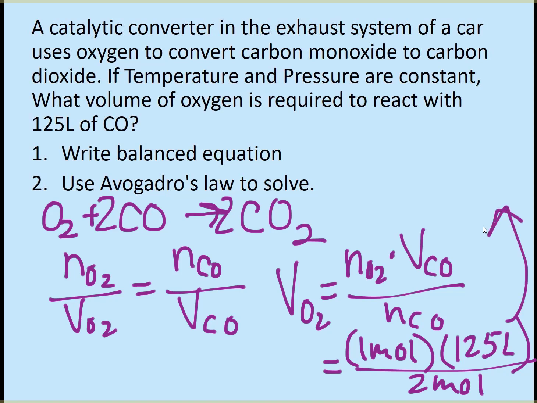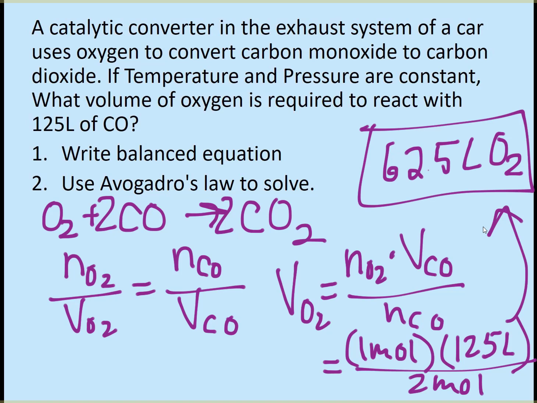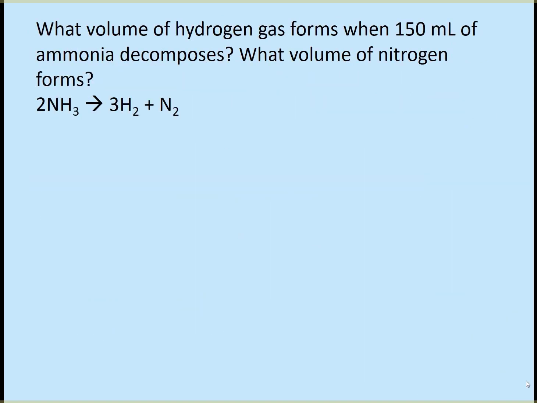And when I do that, I get my answer, 62.5 liters. So that's using a balanced chemical reaction and Avogadro's law, and looking at the mole ratios and the volume that has been given to us to solve for the other one. Let's do one more problem.